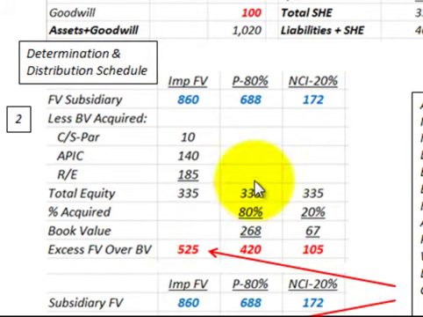And then for the 80% that the parent is purchasing, you take the $688,000 less the $268,000 book value, you get $420,000. And then for the non-controlling interest, taking the fair value of $172,000 less the $67,000 book value, you get $105,000 for the non-controlling interest, and that would be the excess of the fair value over the book value.